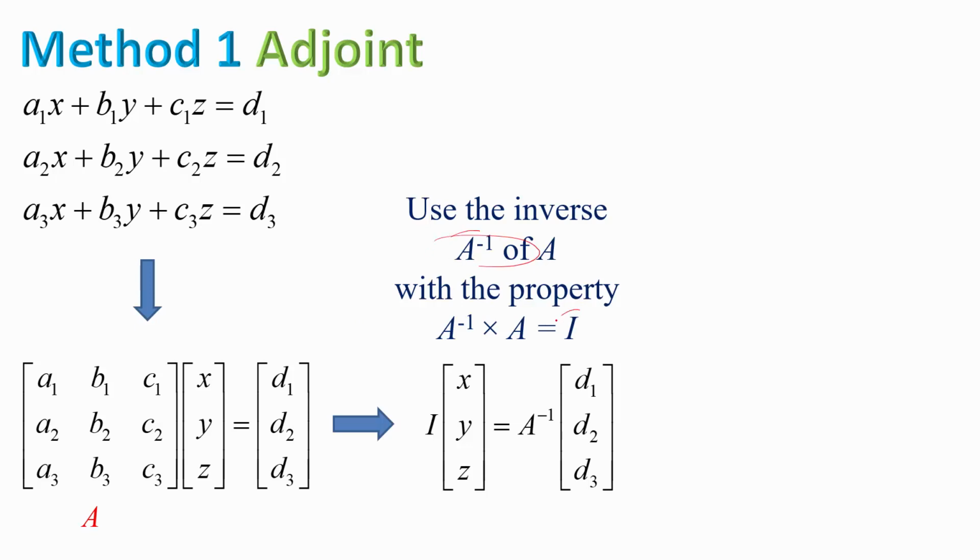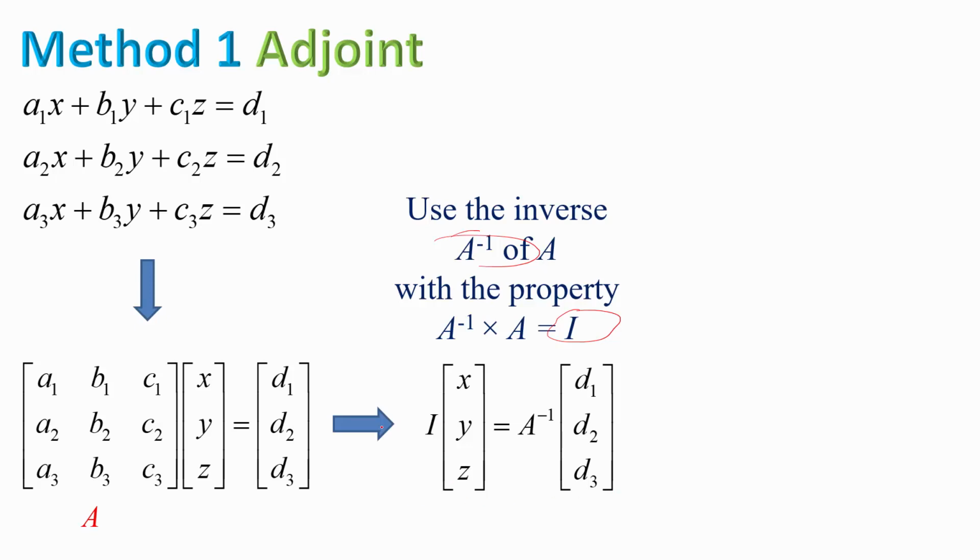The property of a matrix with its inverse is that the product gives you the identity matrix. So when we find the inverse matrix, pre-multiplying both sides of our matrix equation by its inverse will give us what's shown here on the right.